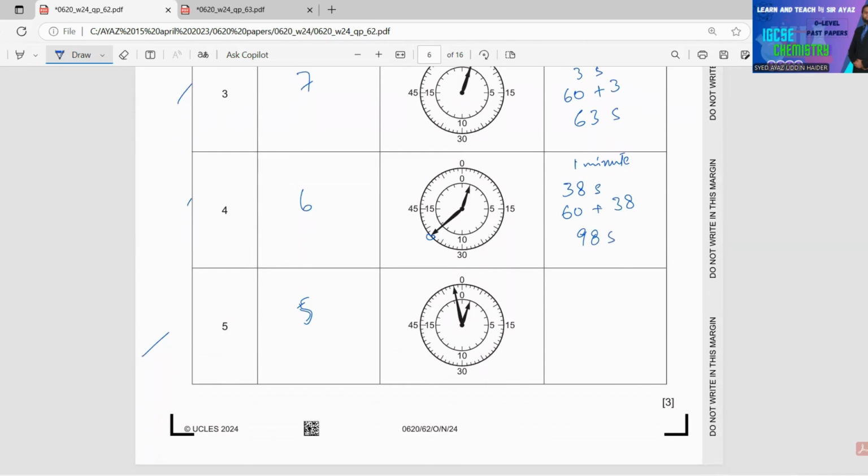Experiment 5. Again, we have 1 minute. What about the seconds? We have 55, 56, 57, 58 seconds. So 60 plus 58 becomes 118 seconds.